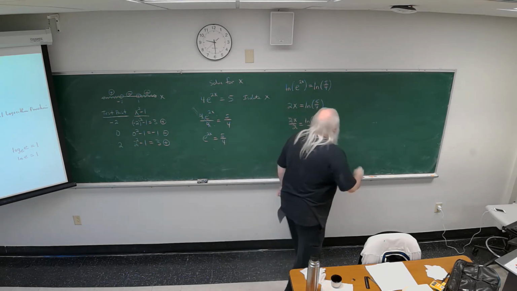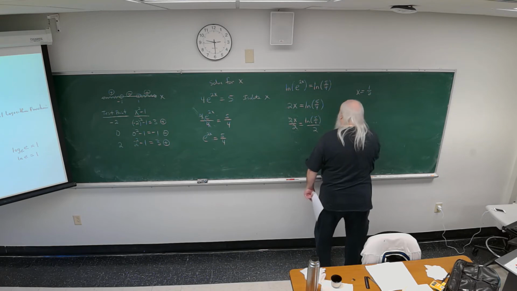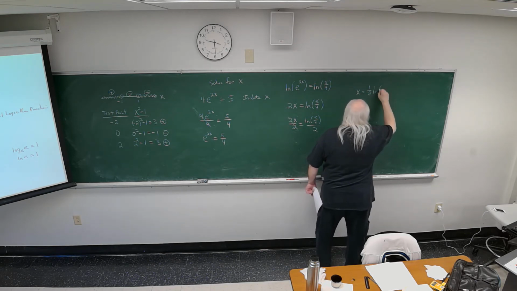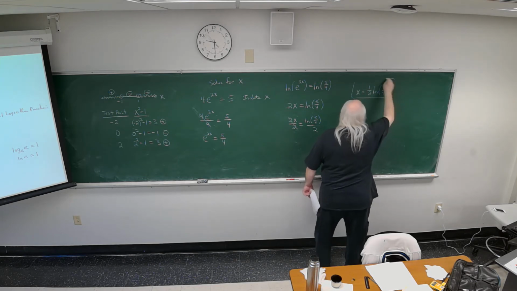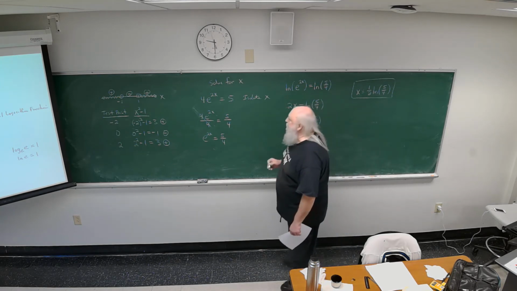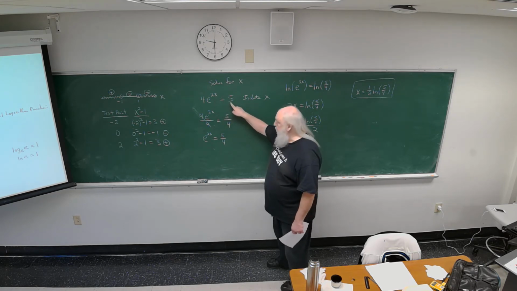And we get x is equal to natural log of 5/4 divided by 2. I can write it as 1/2 times the natural log of 5/4. So that is the exact value of x that makes the left-hand side of this equation equal to 5.